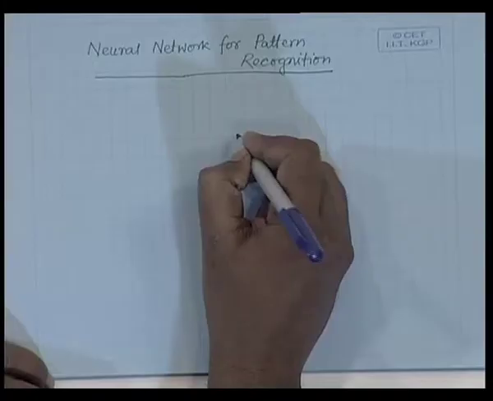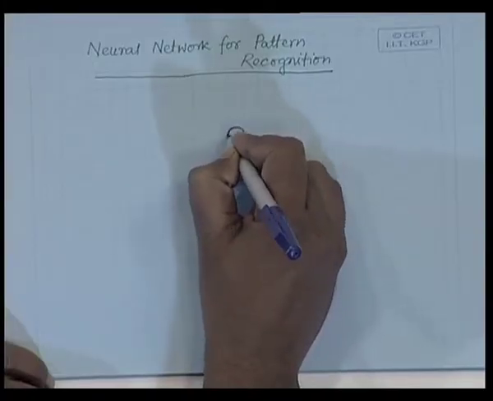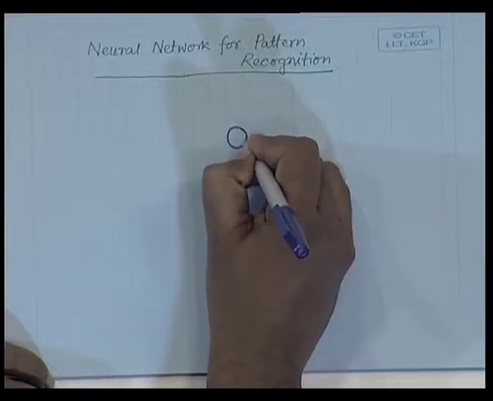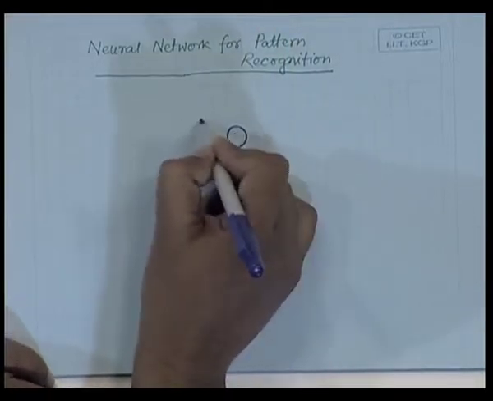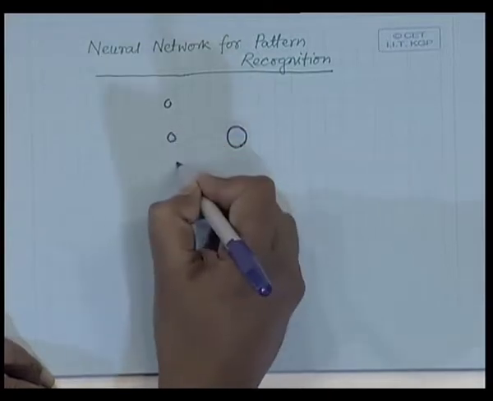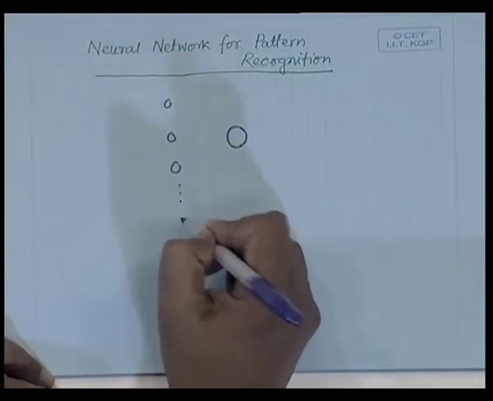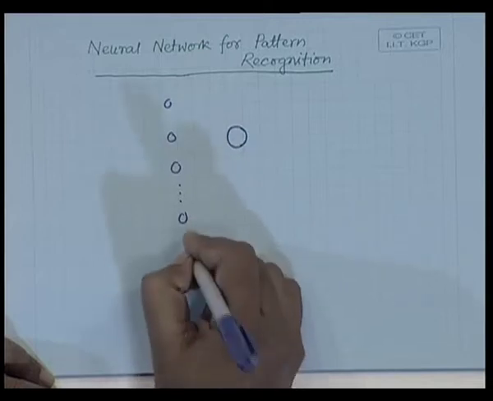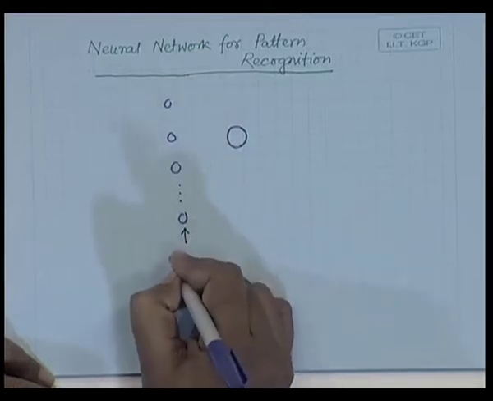So, effectively the single layer, single output neural network we have said was something like this, that it has a number of input layer nodes. So, this is the layer which is the input layer.